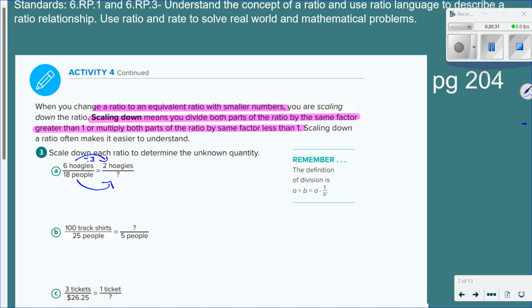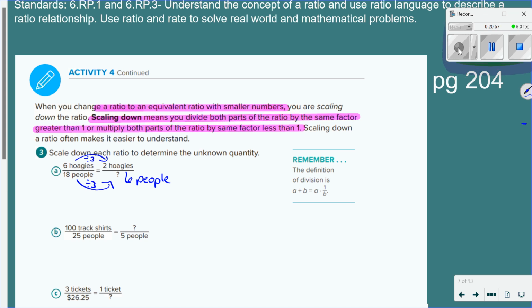So 18, what am I going to do to that? Also by 3, because remember, to make it equivalent, I need to do the same thing to my top number and my bottom number, yes? So what is 18 divided by 3? 6 people. All right, I want you to use the same method to do B, C, and D, and I'm giving you 2 minutes. Go for it.